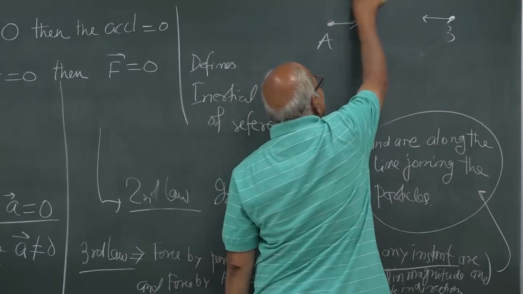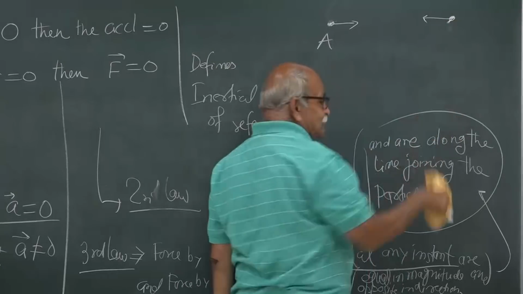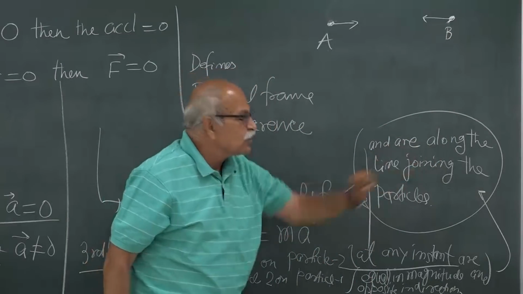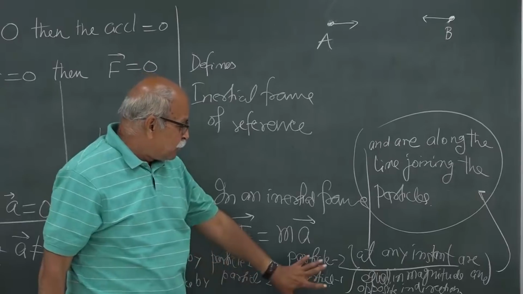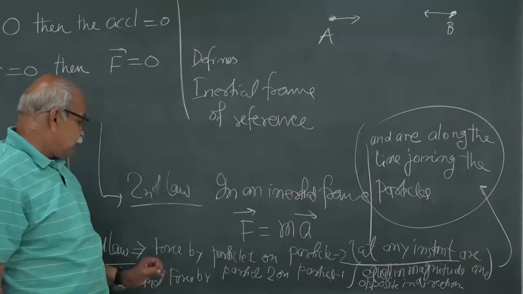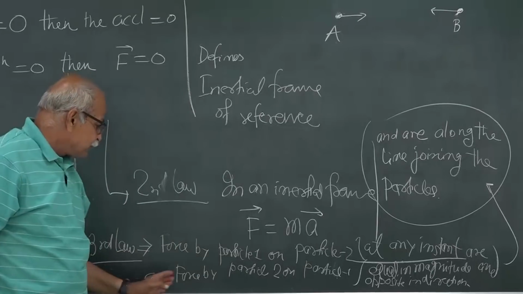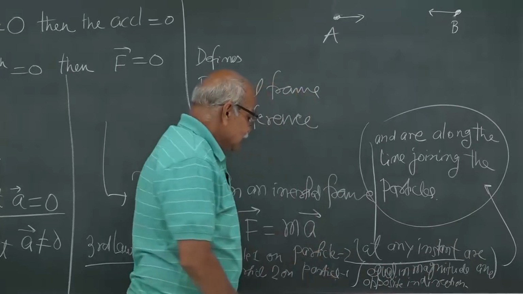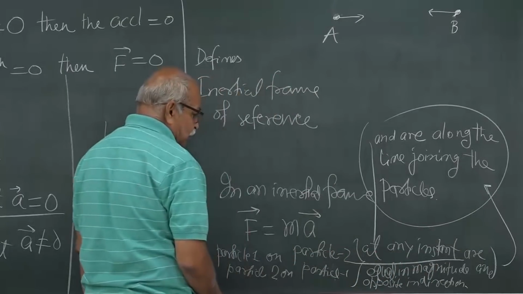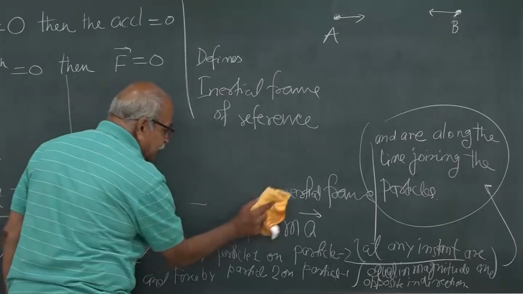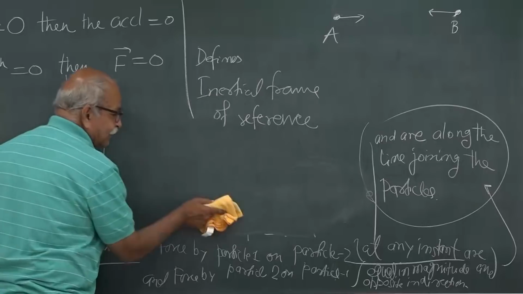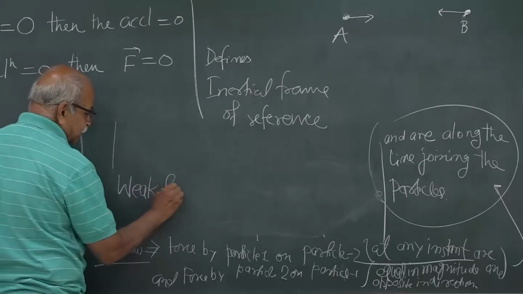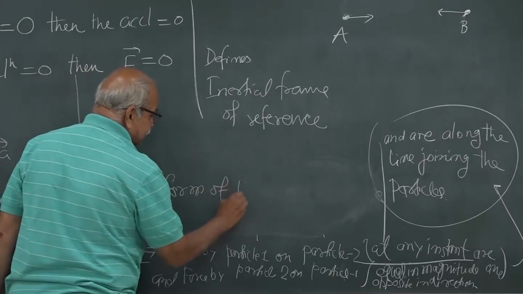Now, if that does not happen, maybe in some cases, then this part will not be valid. If you stop here, what is Newton's law? Force by particle 1 on particle 2 and force by particle 2 on particle 1 at any instant are equal in magnitude and opposite in direction. If you stop here, this is sometimes called the weak form of Newton's third law.